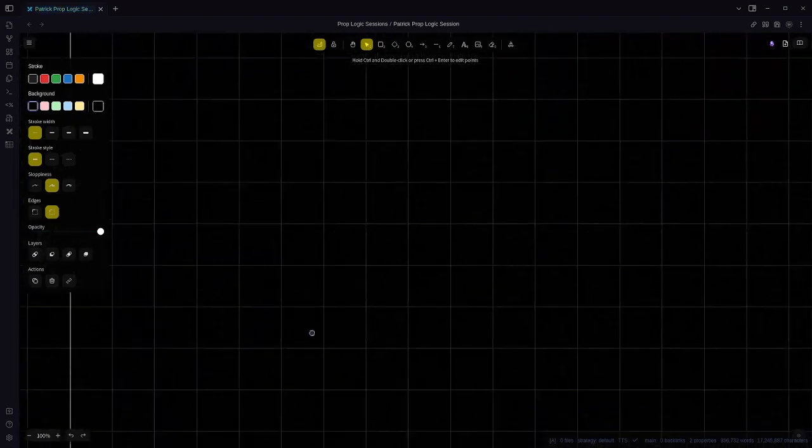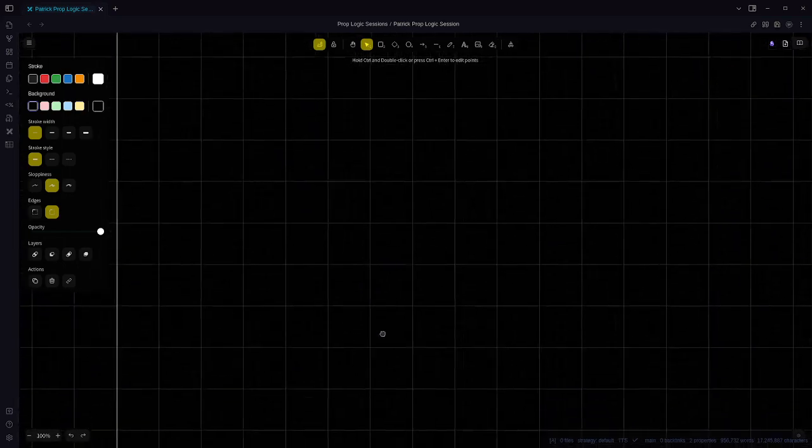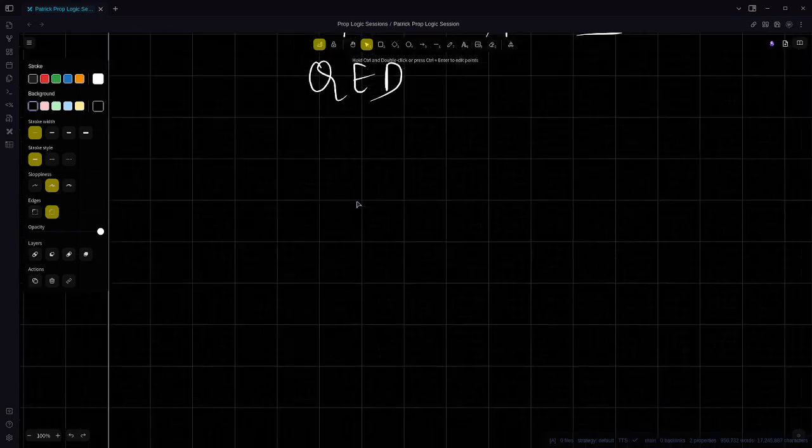Sometimes you can just look at the problem and figure out the first kind of proof that comes to your mind. When I look at some argument that I want to check if it's valid, I can sort of eyeball it, and at this point I can tell you whether it's valid, and I can sort of tell you what the proof is. So in that case, I don't need to do a reductive ad absurdum.